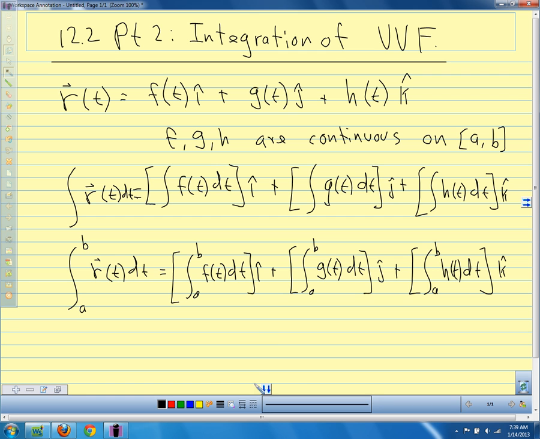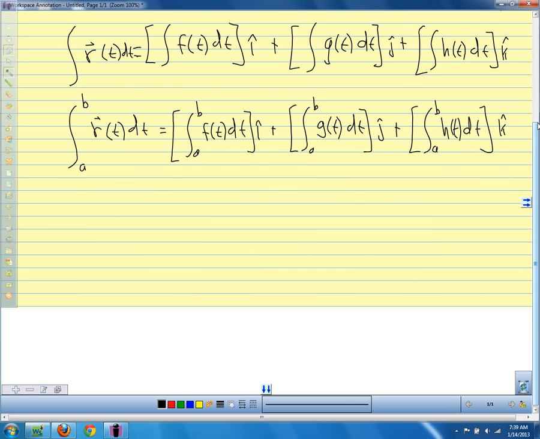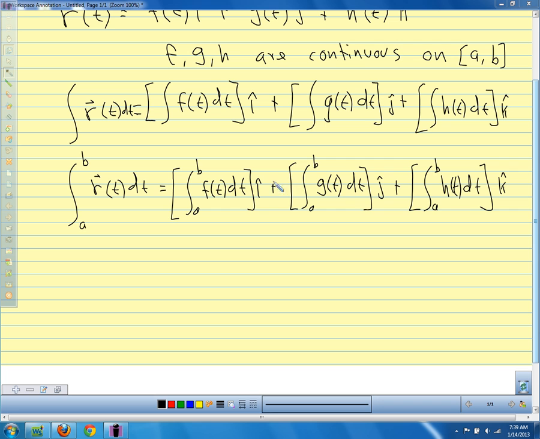And one thing that we have to be careful with here is for our indefinite integral, for this top one, we're not evaluating on our limits. What do we always end up with when we take an indefinite integral? Plus c.